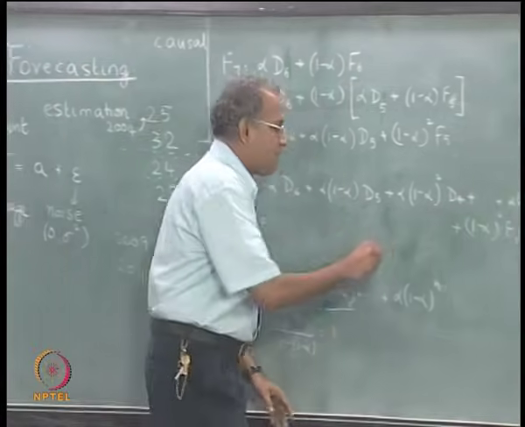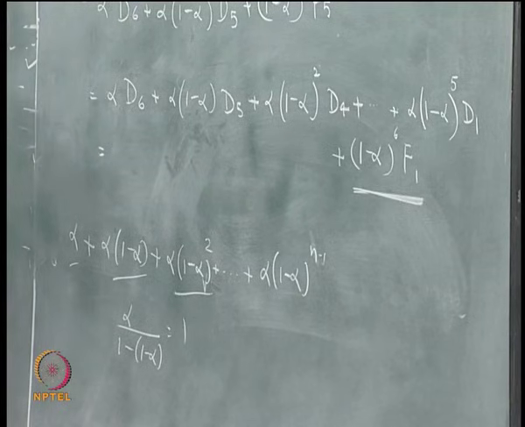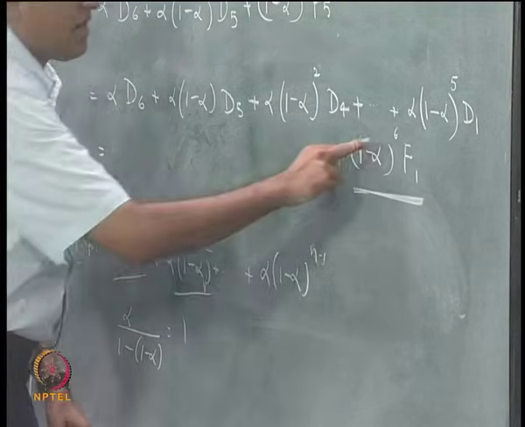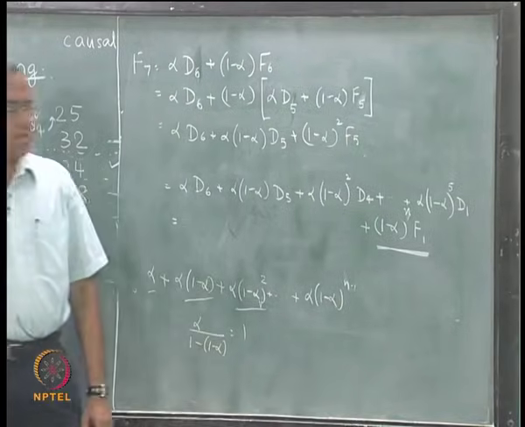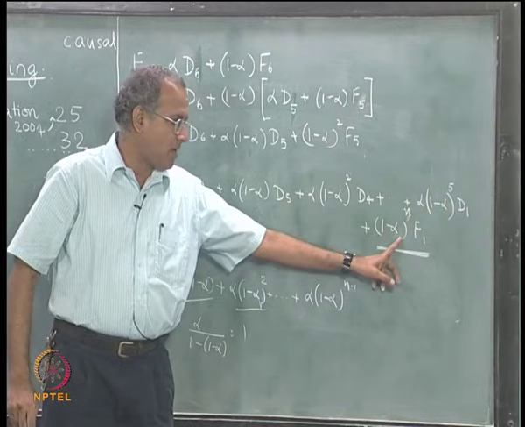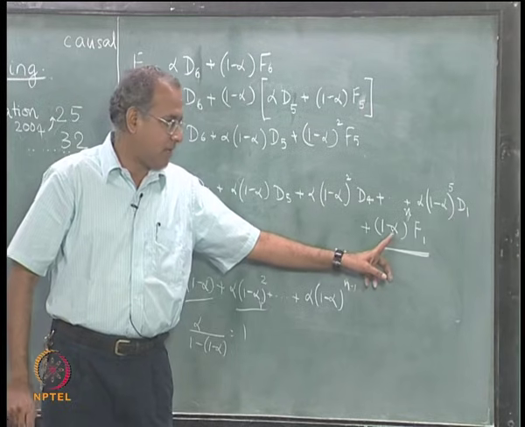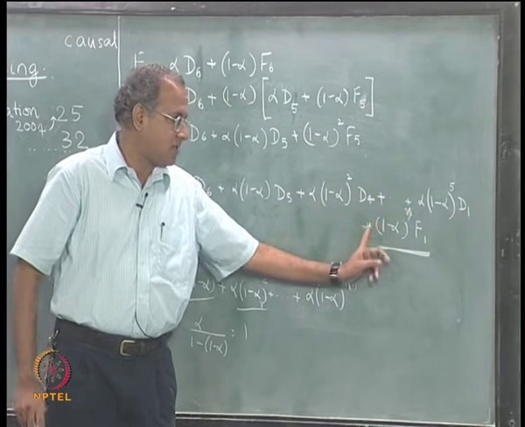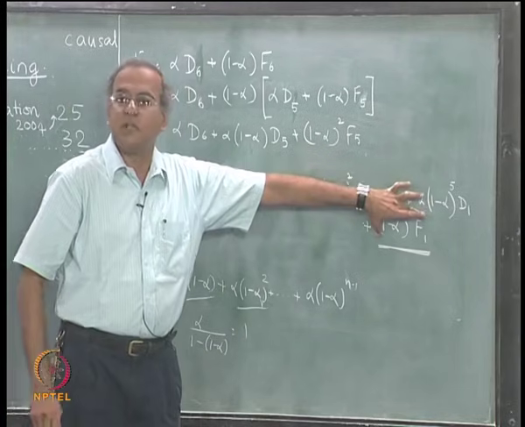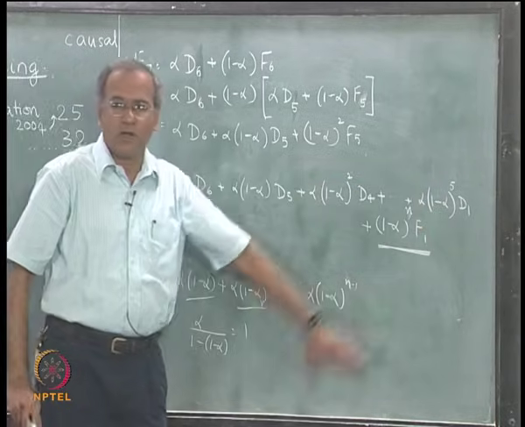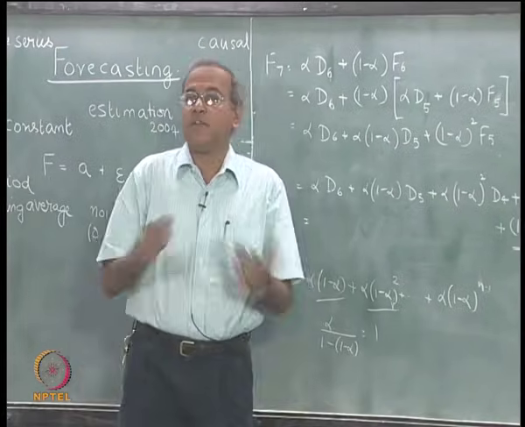But then we also have a term like 1 minus alpha to the power 6 f1, and if n is large, this term is 1 minus alpha to the power n into f1. Now, as n is very large, 1 minus alpha to the power n tends to 0, if alpha is smaller than 1, and this can be ignored. So, the exponential smoothing is like a weighted average, which is what we wanted.